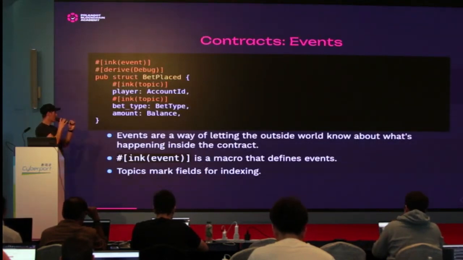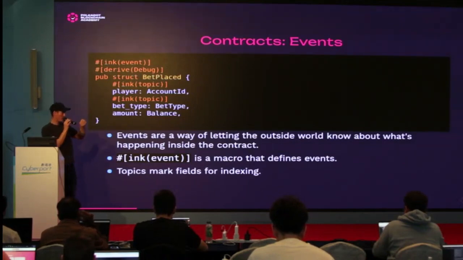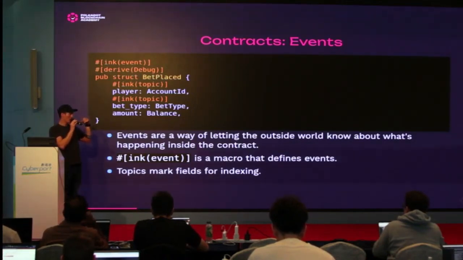Events. Events are in fact super important, just because your contracts rarely live by themselves. There are other entities, other programs living outside of the chain, that listen to them.